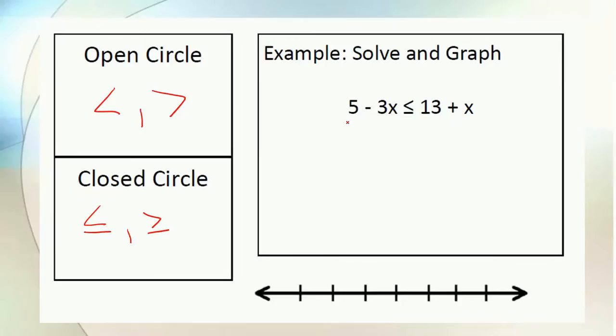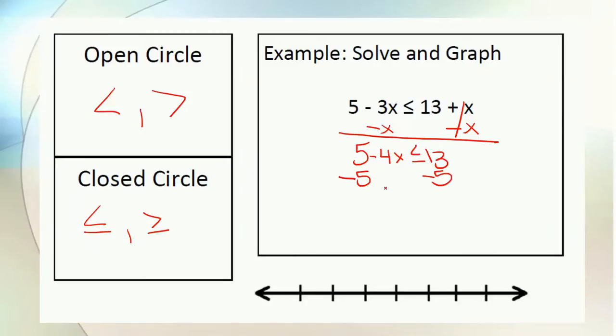So, let's subtract x from both sides. Why not? So I'm going to get 5 minus 4x is less than or equal to 13. Those cancel out. Let's subtract 5, it looks like. Get the x on one side. Those cancel. I'm left with negative 4x is less than or equal to 8. Divide by negative 4.